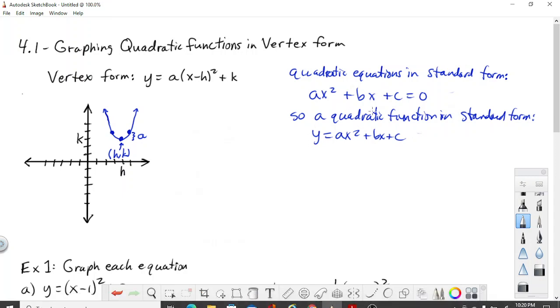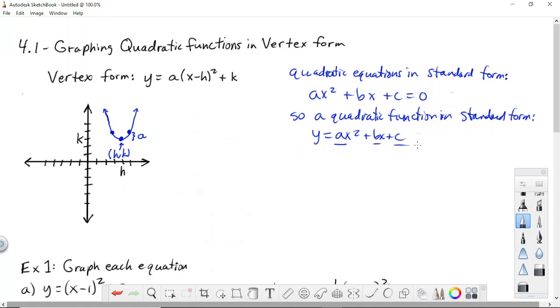In the equations we've been working with, you set the expression to 0. A quadratic function in standard form would still have something times x squared plus something times x plus a constant. But now it's a function, so when we put in a value for x, we get a y, and we get a bunch of ordered pairs that we could graph. So that is something we can compare with our quadratic function in vertex form.